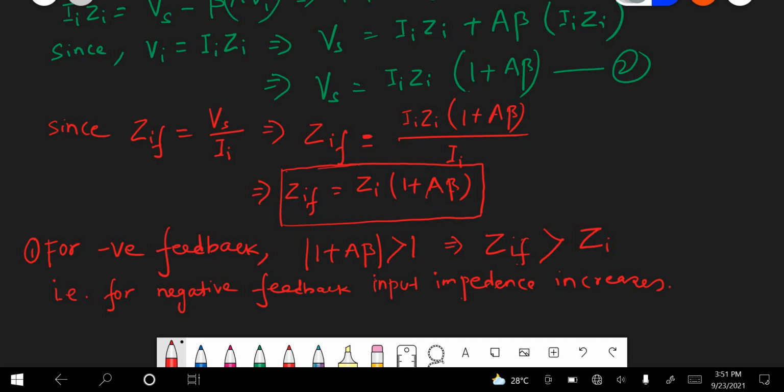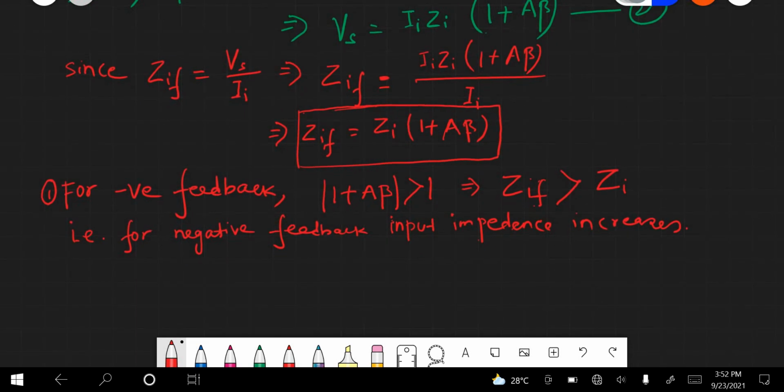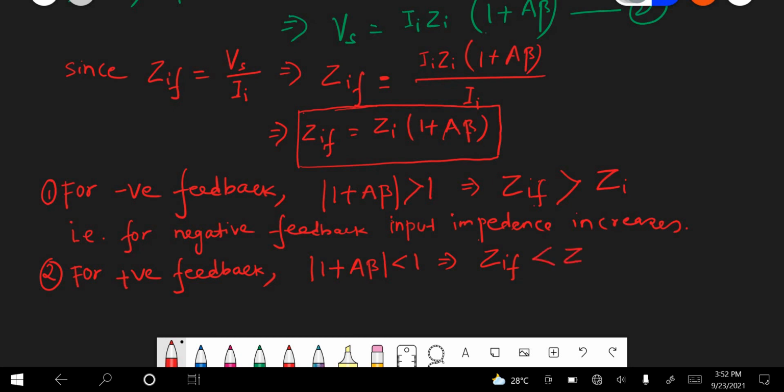Now for positive feedback, what will happen? Case number 2, for positive feedback, we know that 1 plus A beta is less than 1. This gives Zif is less than Zi.